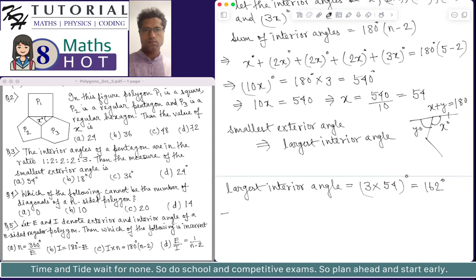Therefore, we always know that an exterior angle and an interior angle are linear pair of angles, so their sum is always 180 degree. So smallest exterior angle will be 180 degree minus 162 degree. This is equal to 18 degree. So the correct choice is B.